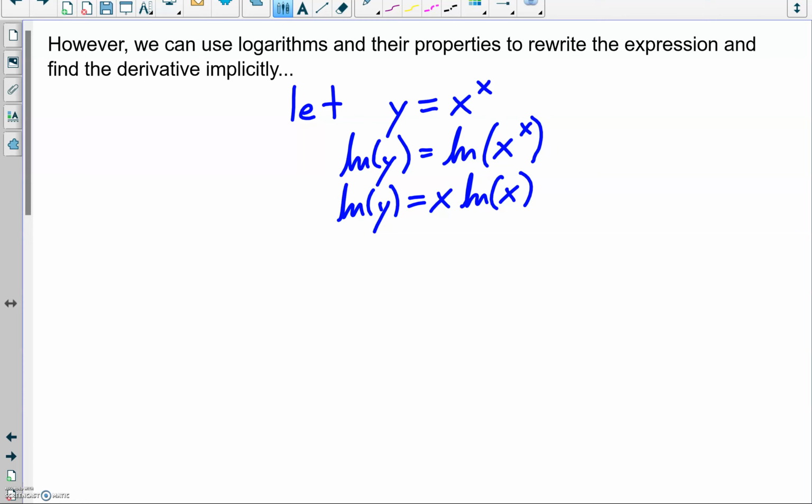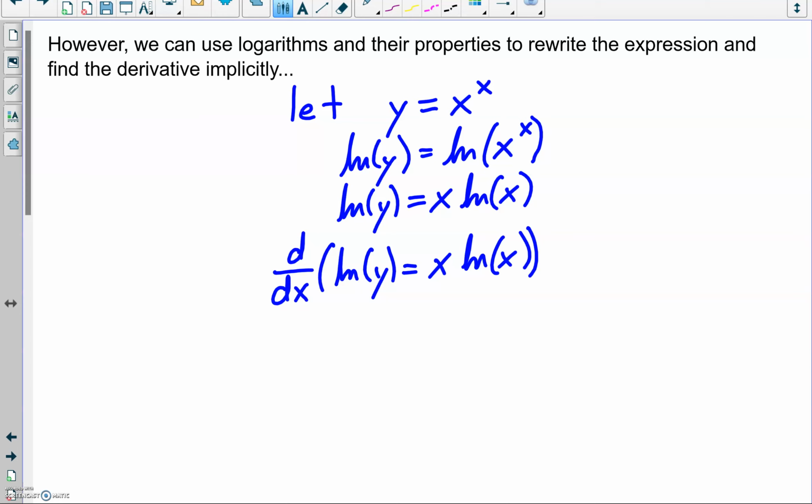And now from this step, I'm going to go ahead and do the derivative, and we'll have this natural log of y equals x natural log of x equation as being what my goal is to find the derivative of. And I'm going to use implicit differentiation. So on the left side, we got the natural log of y. The derivative of that is just going to be 1 over y. It's got that nice base e.